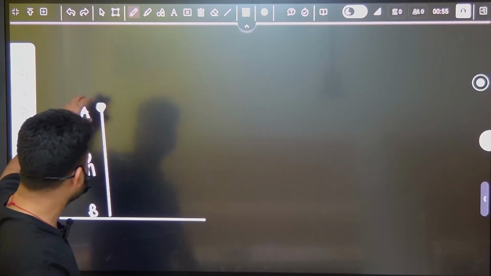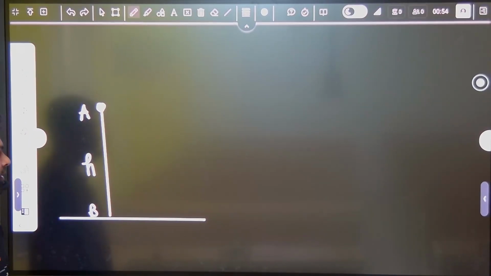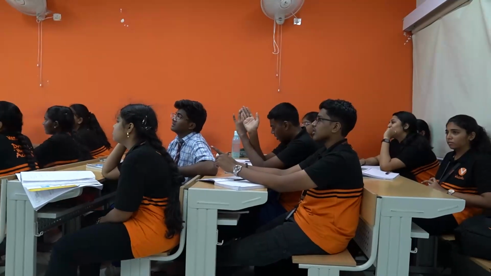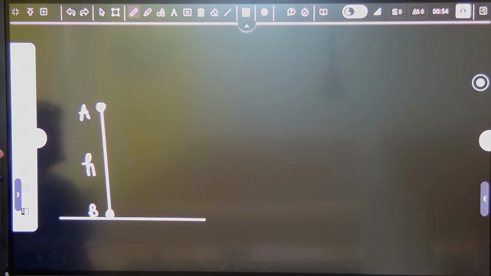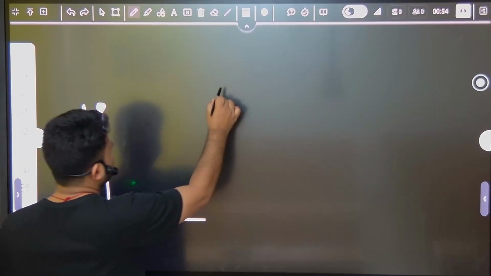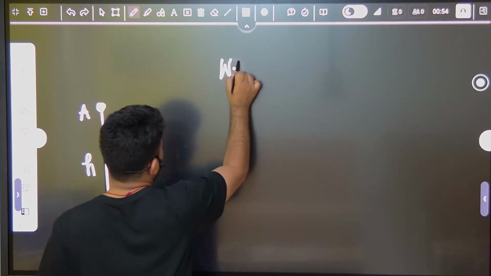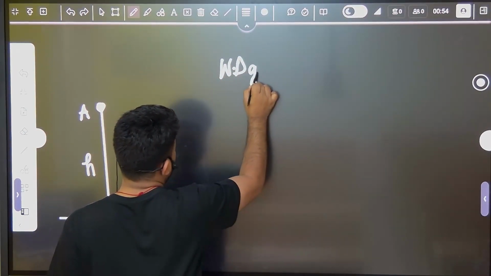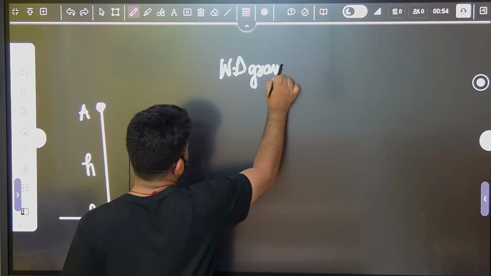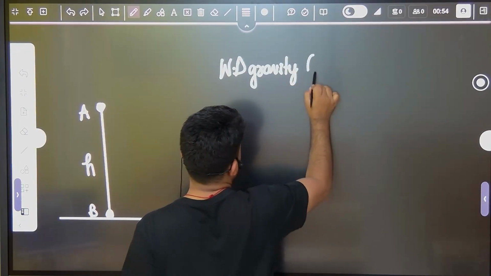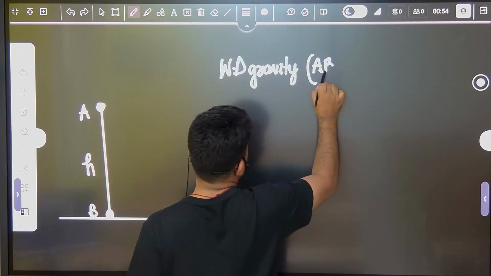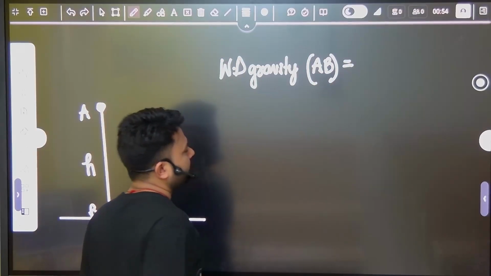This is the ground and you are releasing the ball. So the initial position of the ball is this and the final position of the ball is this. Now if someone asks what is the work done by gravity via path AB, means we are following the path AB.